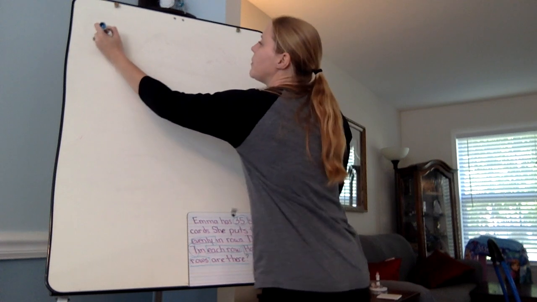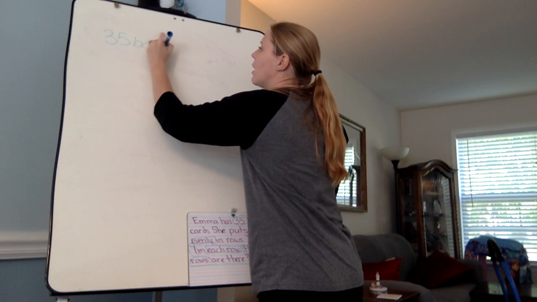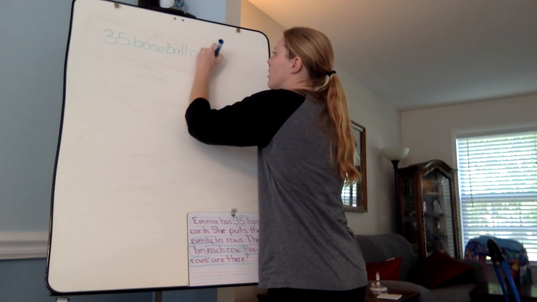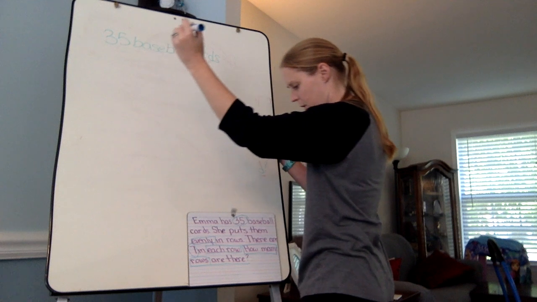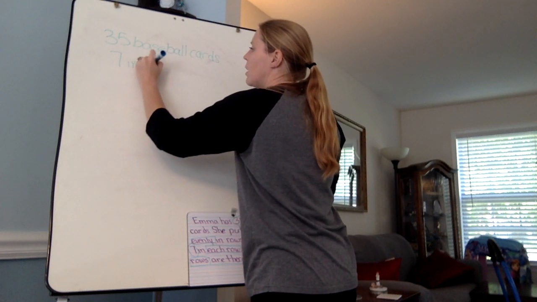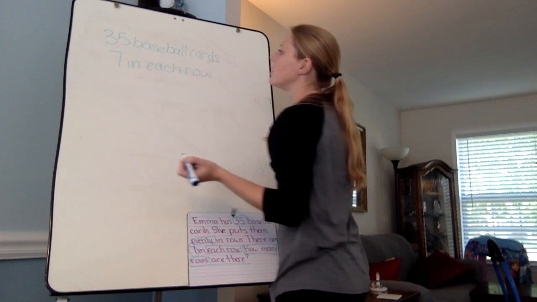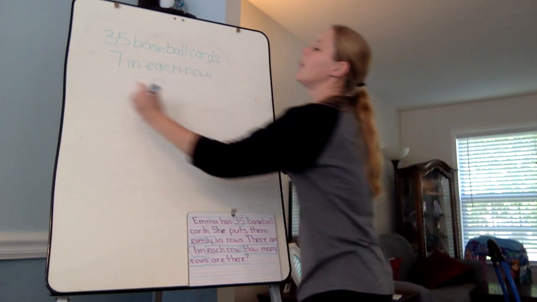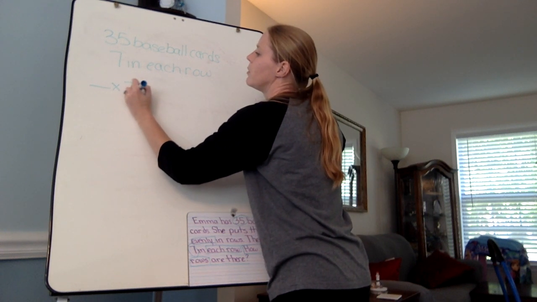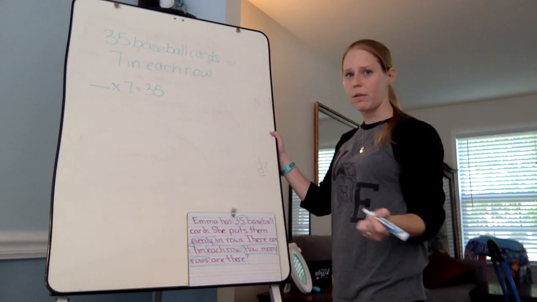So Emma has 35 baseball cards. Splits them evenly, 7 in each row. So that's saying, I don't know how many groups I have, but I know there's 7 in each of them, and that's going to equal 35.